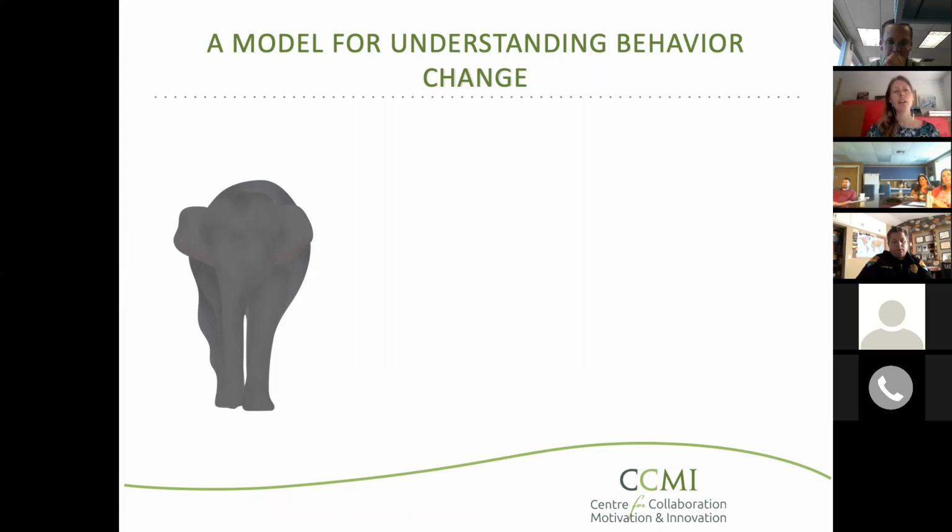Dr. Susan Michie is a researcher at University College London. She also created what she called the behavior change wheel to describe these behaviors, or how our behavior is influenced by our environment, by our capability, and by our opportunities that we have. So I'm going to use some of her language as well.